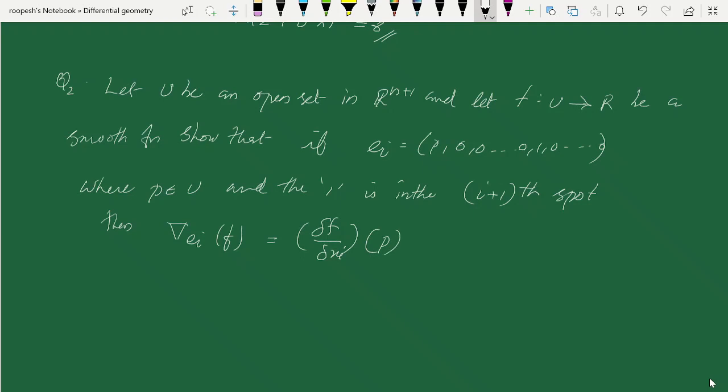So the derivative of f with respect to the vector e_i is this.